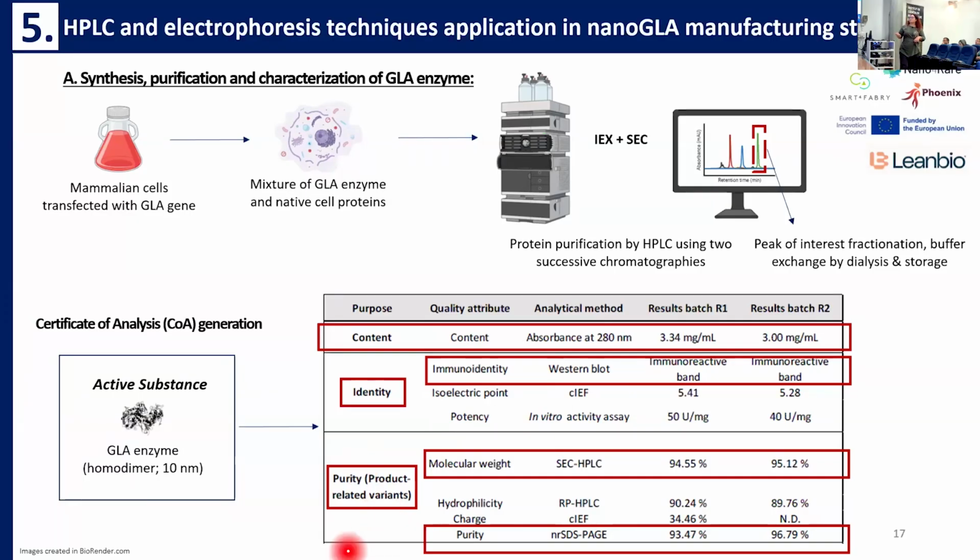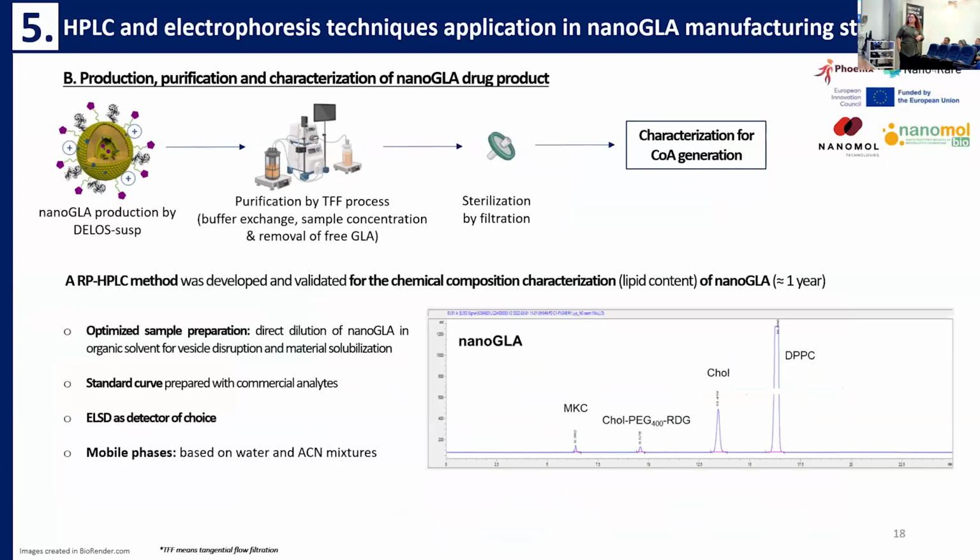They also used both electrophoresis and size exclusion chromatography to know the purity in terms of aggregates and also the molecular weight of the sample, in order to see if the sequence has been well produced or has some loss of amino acids.